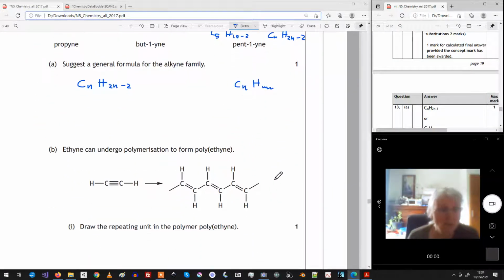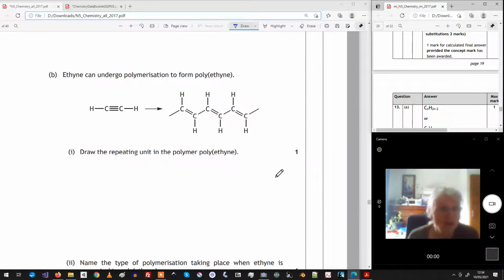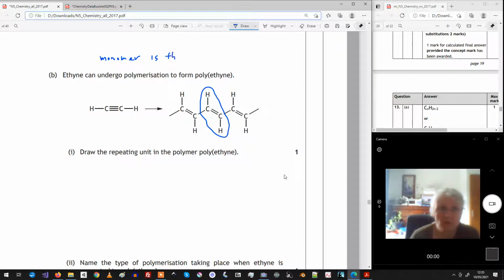Alkynes can undergo polymerization to form polyethyne. Draw the repeating unit in the polymer polyethyne. Now the repeating unit is the bit that repeats, and the monomer is this molecule.